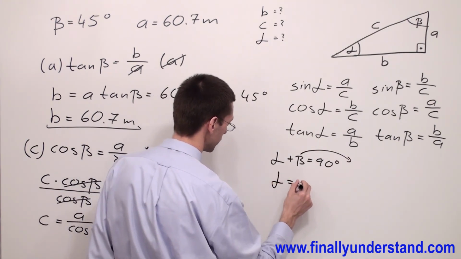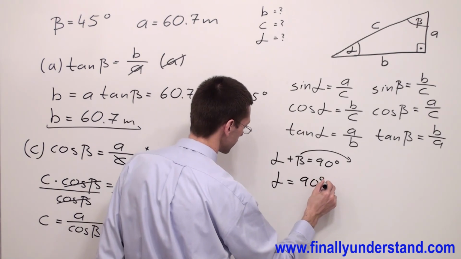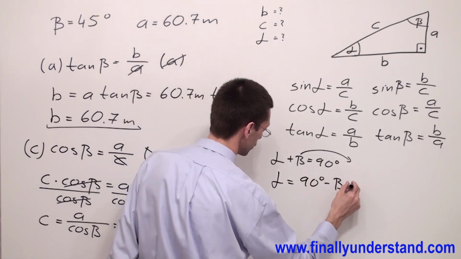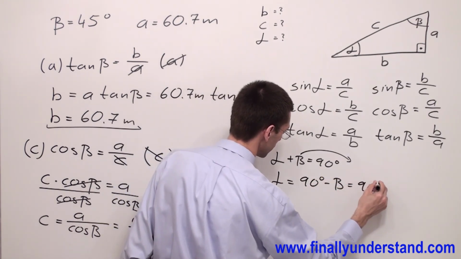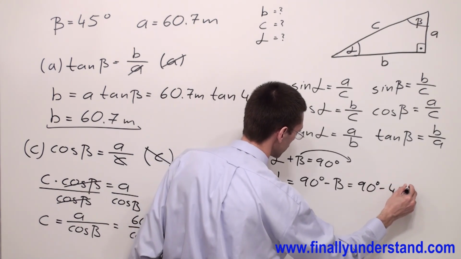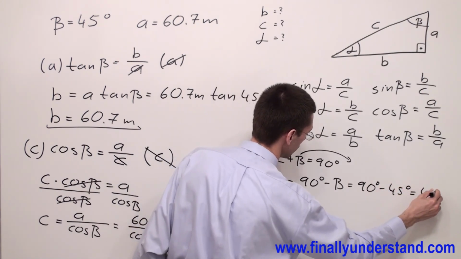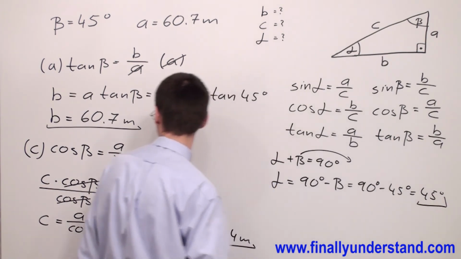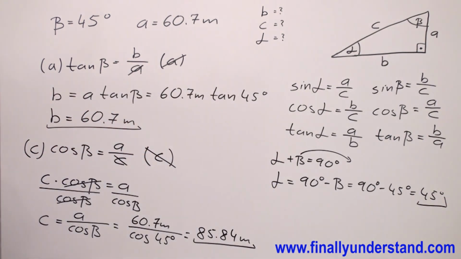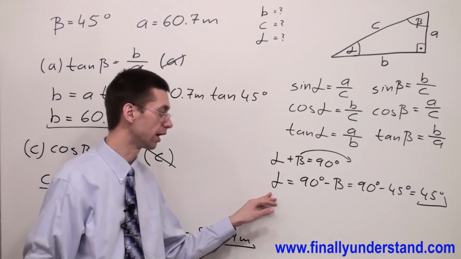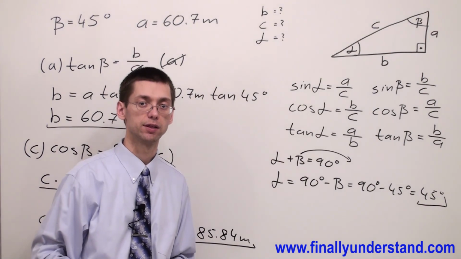And we have alpha is equal to 90 degrees minus beta, which is equal to 90 degrees minus 45 degrees, which is equal to 45 degrees. So we've found the length of side B, we found the length of side C, and we found angle alpha, so it means that the problem is solved.